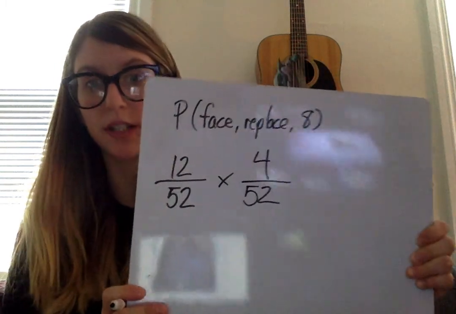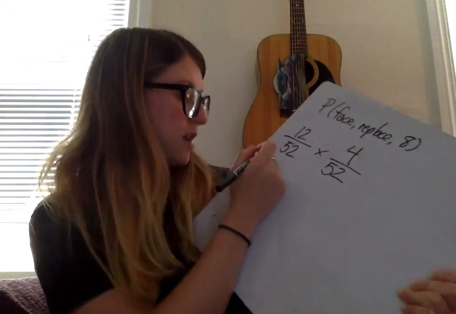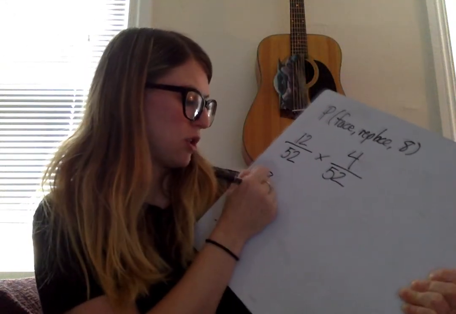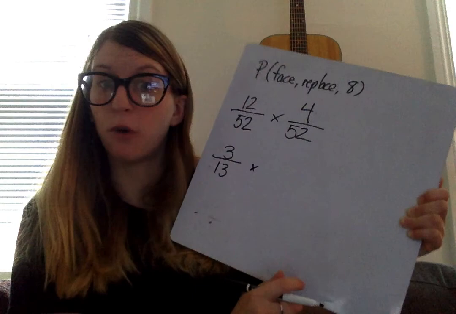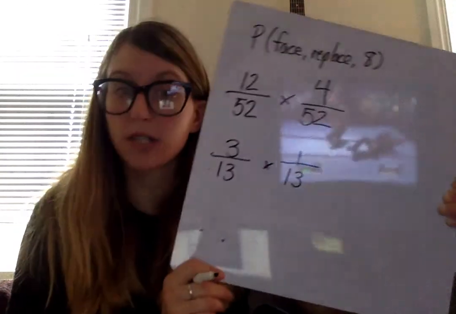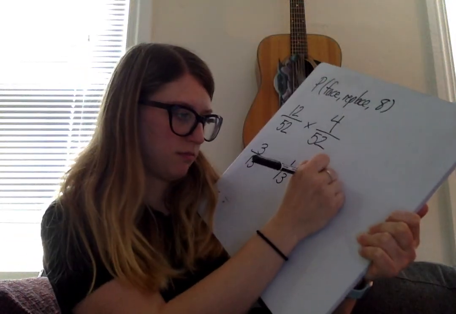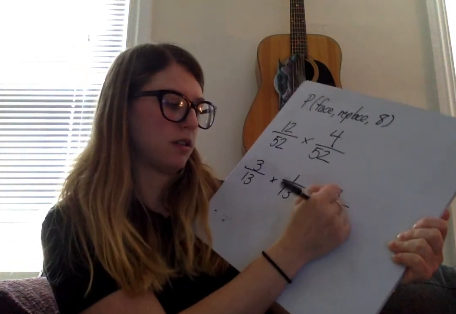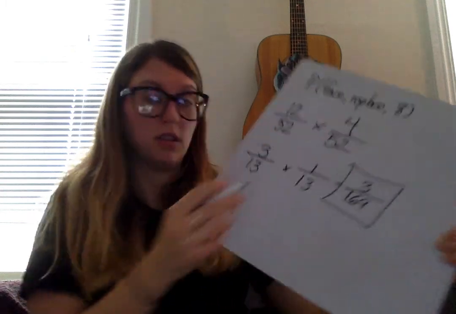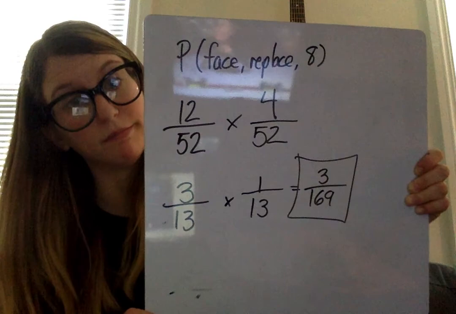This is when simplifying is going to be your best friend. 12 over 52 simplifies to 3/13, and 4 over 52 simplifies to 1/13. Multiply across. You actually can't simplify that anymore. 3 over 169.